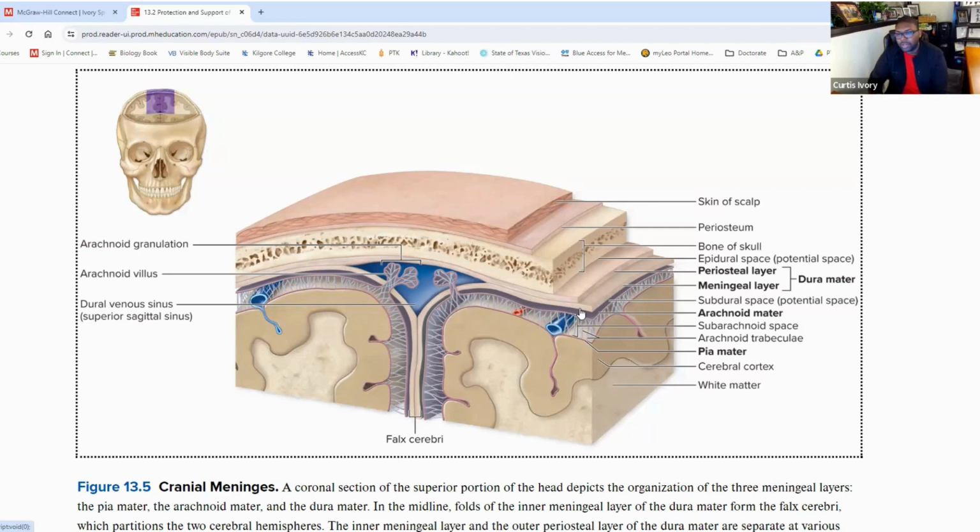If you notice here in the subarachnoid space, you have blood vessels, but you do not see them anywhere else in the brain. This is your blood-brain barrier. In your brain, you have a barrier that controls what blood components can actually enter. Now, we've talked previously about how all cells need glucose, ions, and oxygen, and how all cells get that is by essentially sending it through the cardiovascular system.